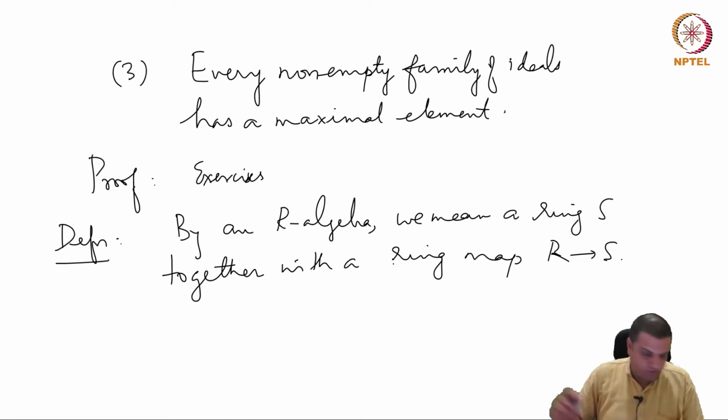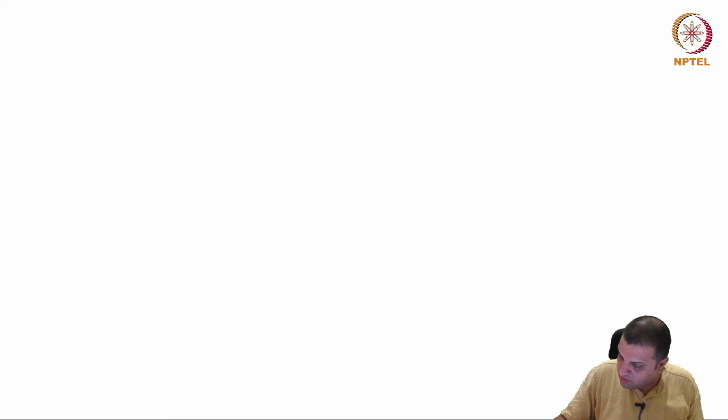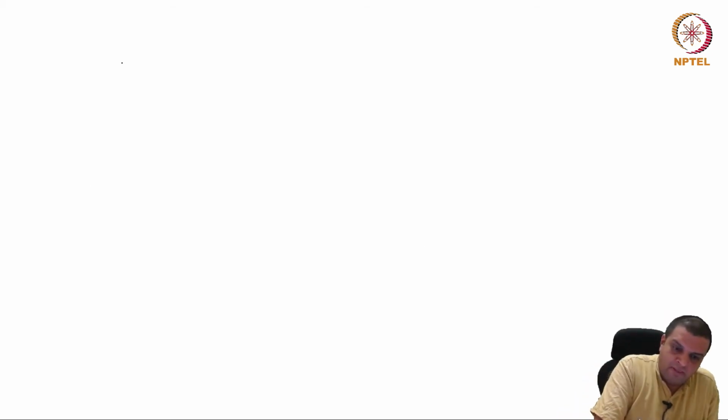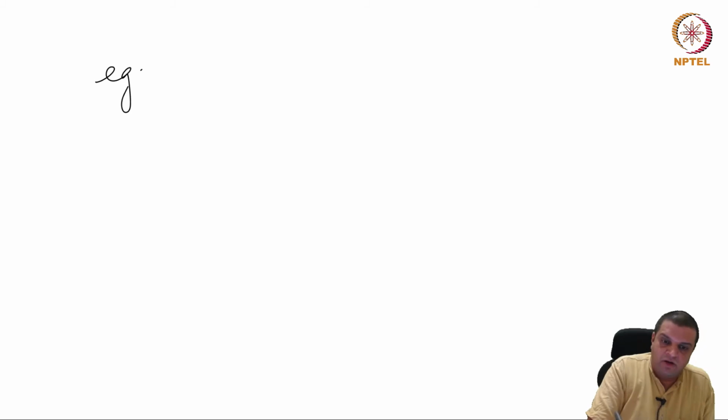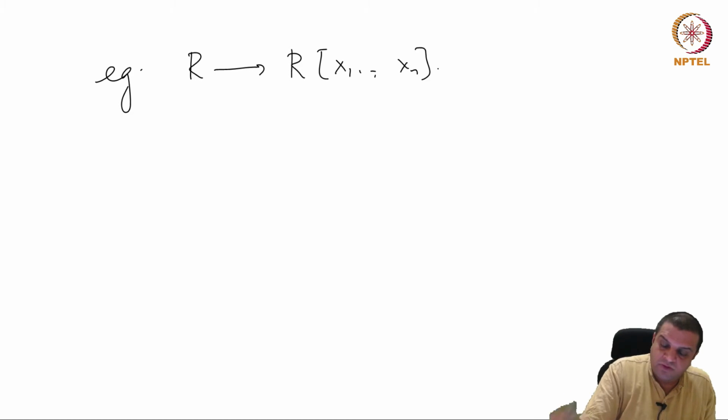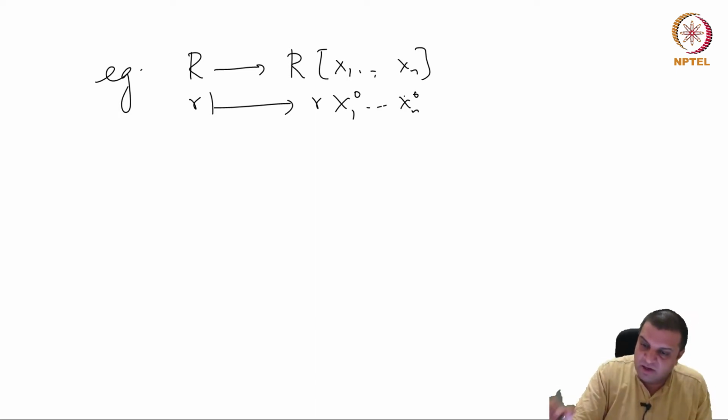So for example, R is a ring, and the map goes to a polynomial ring, where each element goes to the constant polynomial. So the polynomial ring is an R-algebra.